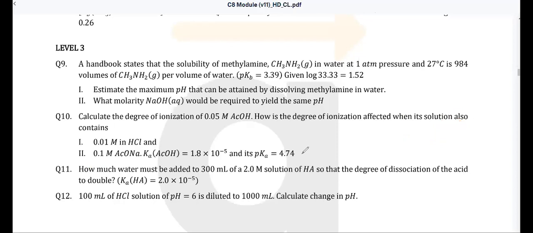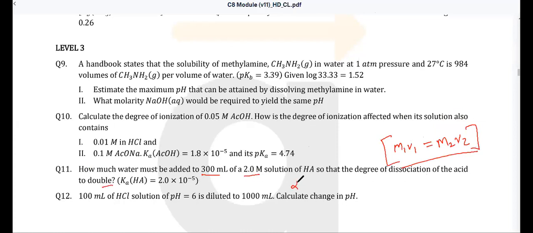Okay, so question number 10 is solved. Let's see question number 11. Question number 11 is easy and is based on the formula that the number of moles will not change, so M1V1 is equal to M2V2. Apart from the equilibrium concept, we have to use this only. How much water must be added to 300 milliliter so the degree of dissociation of the acid is double?